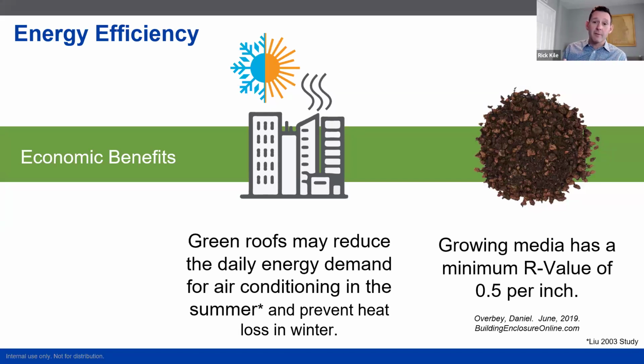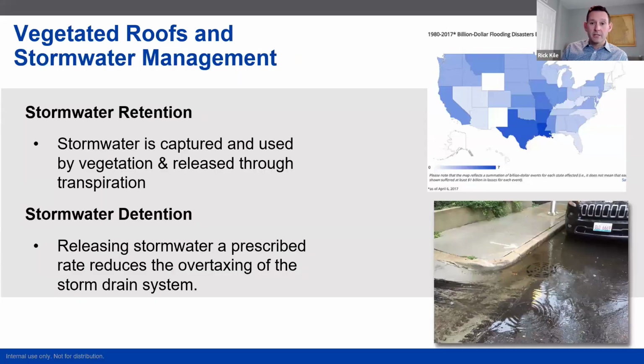Unfortunately, it can't, because the insulation value of the growing media is going to fluctuate depending on the moisture content within the media. Same with the drainage and water retention layers. That said, there's definitely an insulation value benefit to it. And again, if we go back to that temperature at surface change, you're certainly going to see a significant benefit and impact on your energy usage.